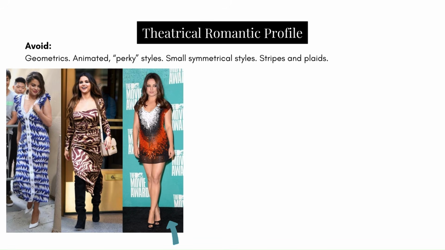And then to the right of that, Mila has that gradient almost pattern, and it feels too animated somehow. It's a bit abstract, but the colors striking against each other gives it a very lively feel that is, in my opinion, a bit too perky for this type.